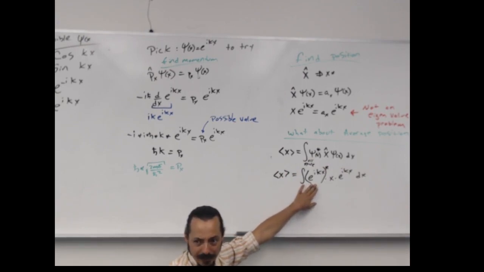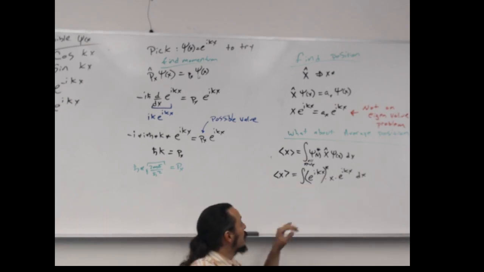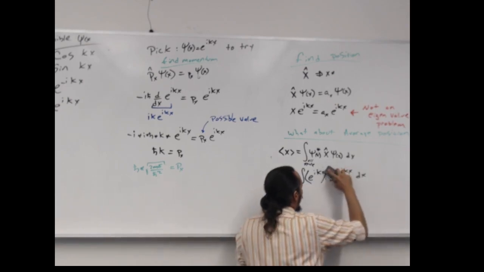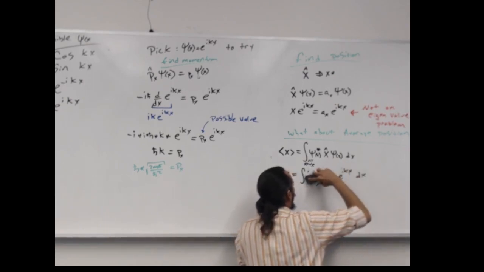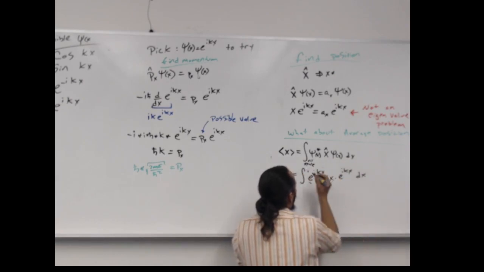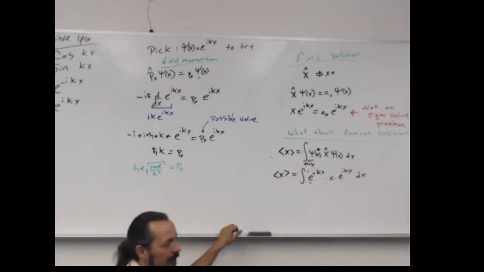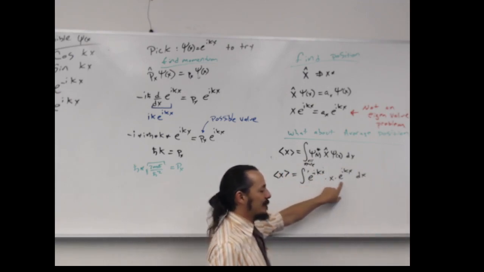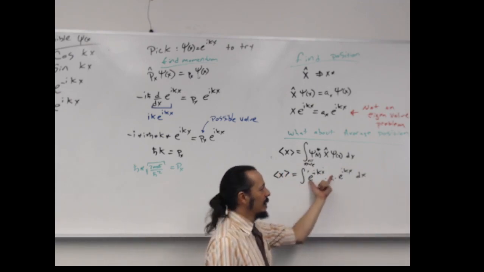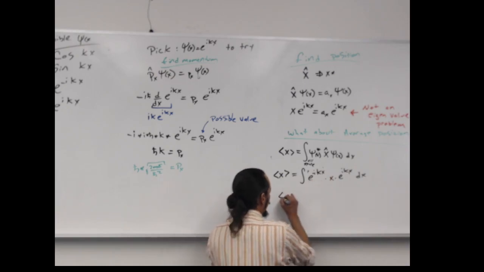What's that going to do? It's going to flip the sign of that i to just be a negative i. So I'm going to have e to the minus ikx, e to the ikx times x. This exponential times that exponential times x. Those exponentials disappear.